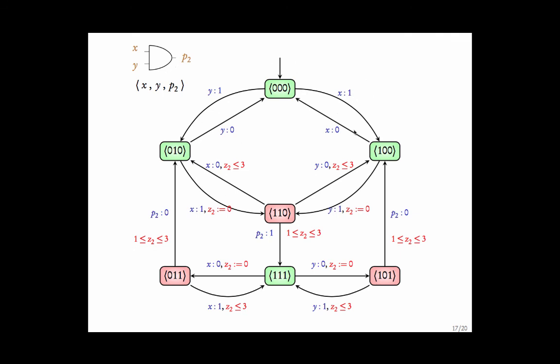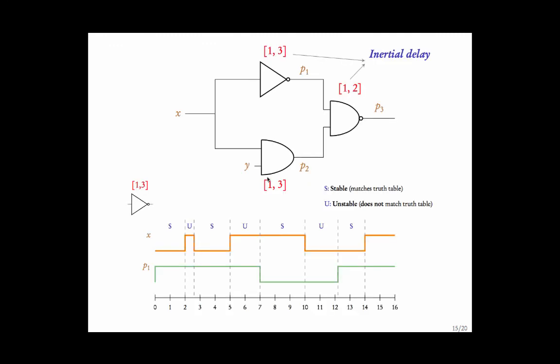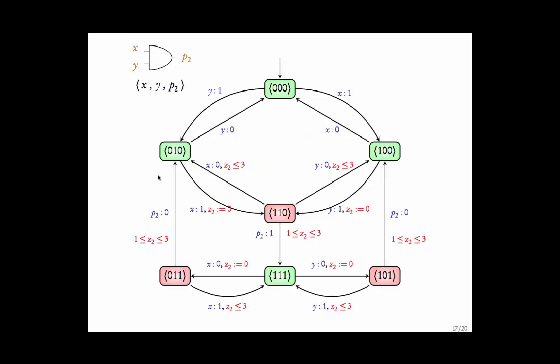You can go through the transitions and see that they match the inertial delay of 1, 3 for this gate. So it says that, for example, when the gate is at 0, 1, 0, and if the value of x becomes 1, then the gate is unstable now.